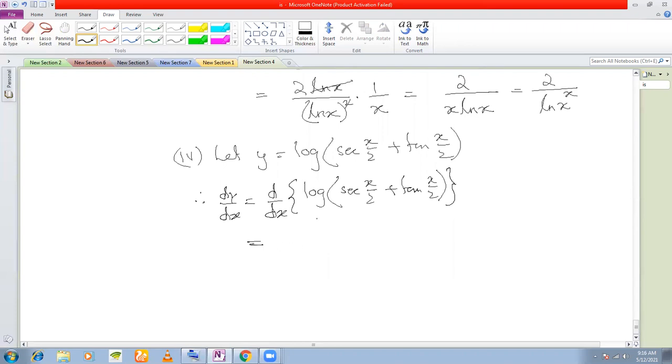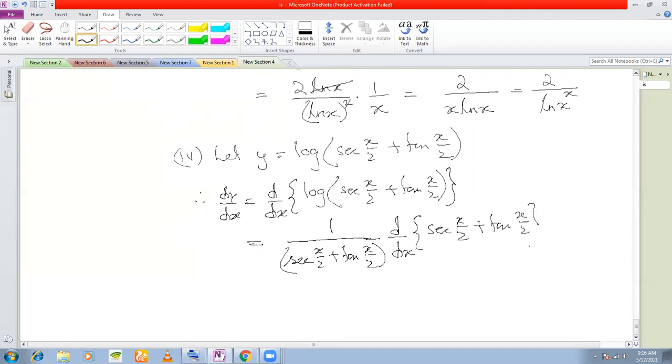Differentiate this. First you differentiate log to get 1 by sec x by 2 plus tan x by 2. And then you differentiate what is within the log, sec x by 2 plus tan x by 2.